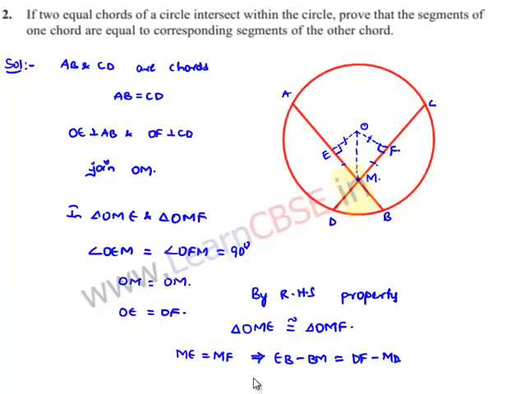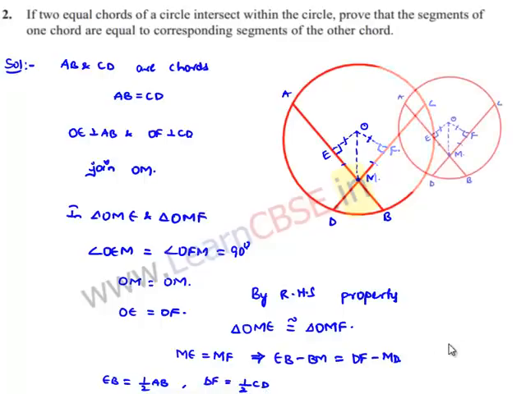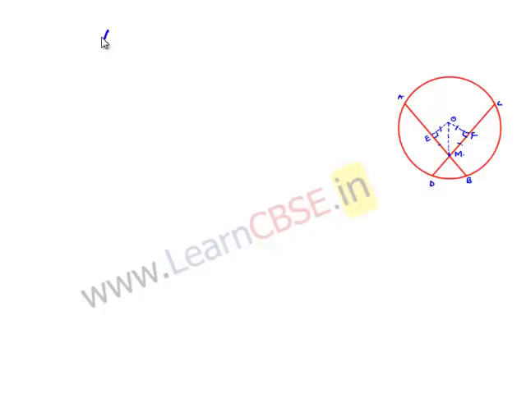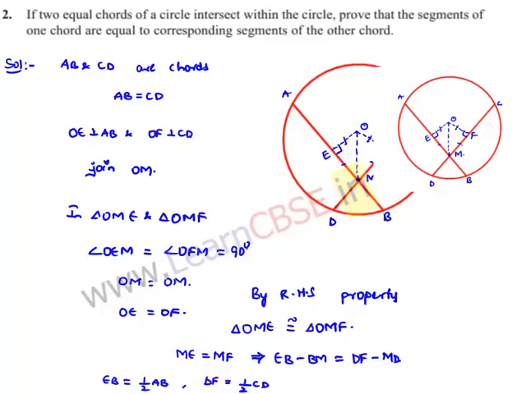But we know that the perpendicular from the center to a chord always bisects the chord. Therefore EB is equal to half AB and DF is equal to half CD. Let us substitute in the above equation. Then we get half AB minus BM is equal to half CD minus MD.